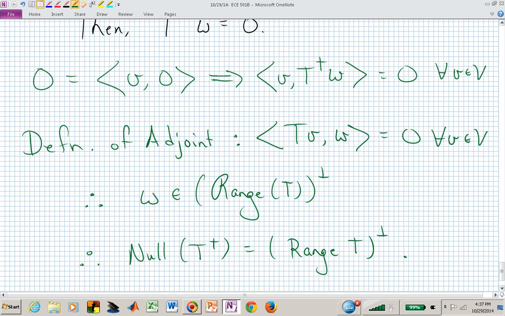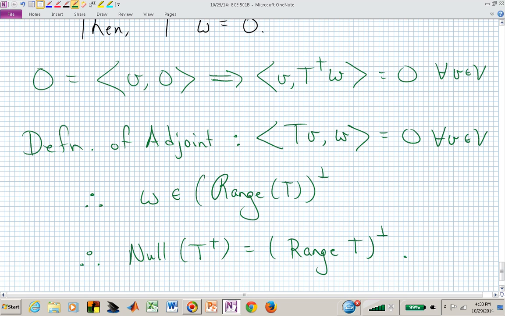So why is W an element of the orthogonal complement of the range of T? Or another way maybe of thinking of that is, what does W being in the orthogonal complement of the range of T mean? That means any vector in the range of T, inner product with W, will be 0, and that's what we tried to say up above.